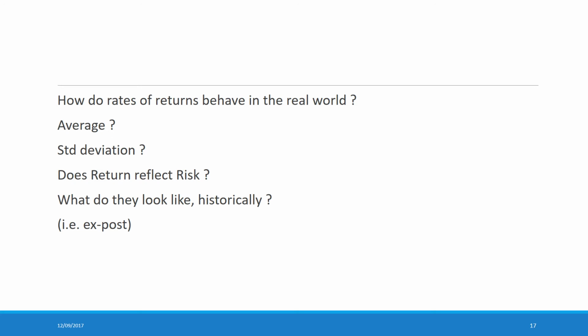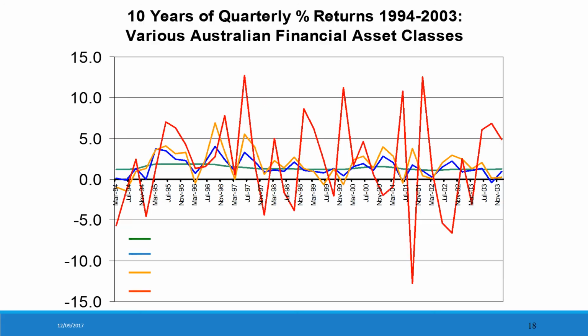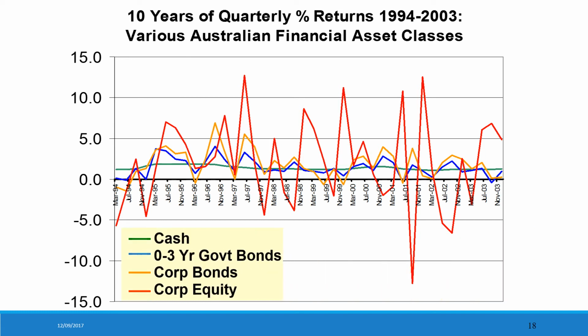Okay, so how do returns actually behave in the real world? Do we see normal distributions in the real world? And how are returns related to risk? So what we have here is 10 years of quarterly percentage returns for different asset classes in Australia.